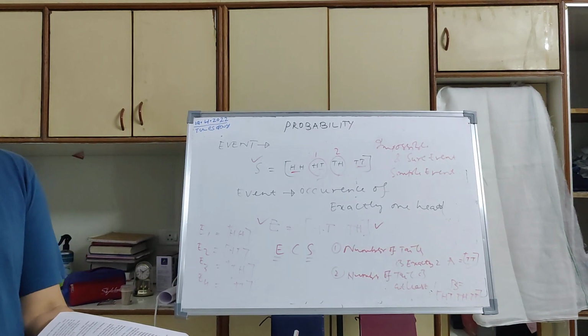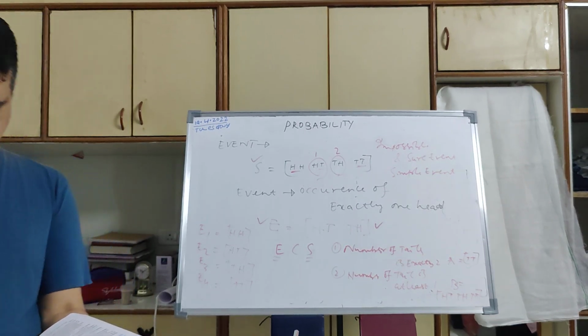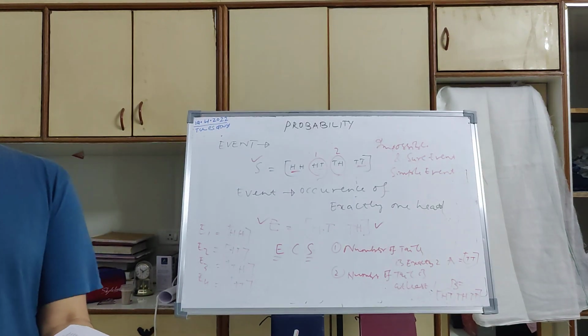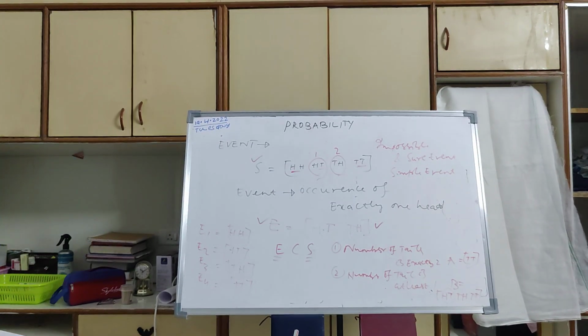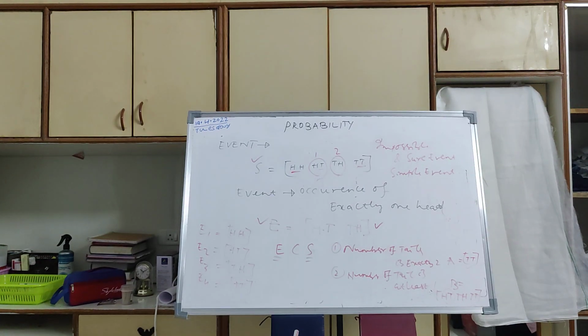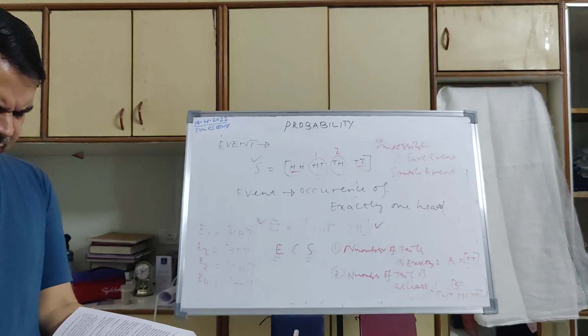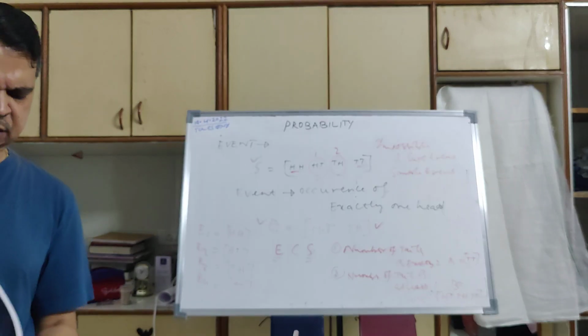Intersection is what is common between two events. Similarly, difference and complement can be found using the set analogy.